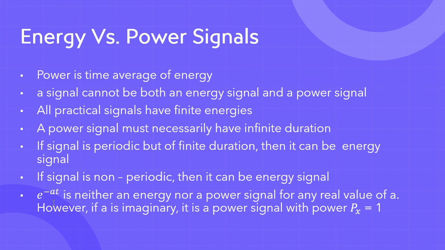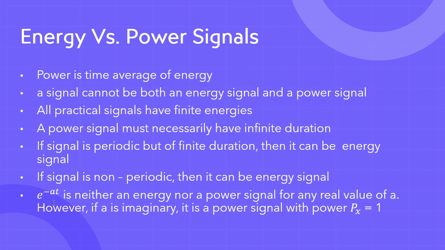Then one very interesting case is if you take x of t is equal to t and calculate the power and energy of that signal. Mathematically you can write x of t is equal to t, but how do you represent it graphically? The energy and power of a signal depend on its graphical representation. The energy for x of t is equal to t will be infinite, and the power will also be infinite.